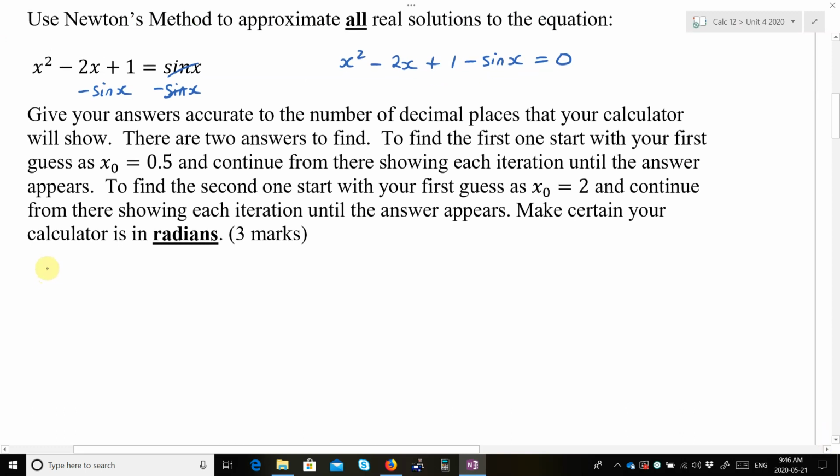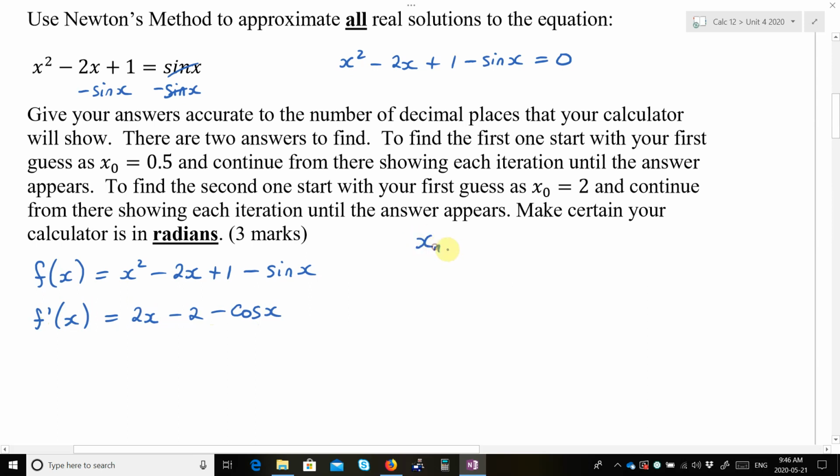Okay, and so as a function, f of x is equal to x squared minus 2x plus 1 minus sine x, and f prime of x will equal 2x minus 2 minus cos x.